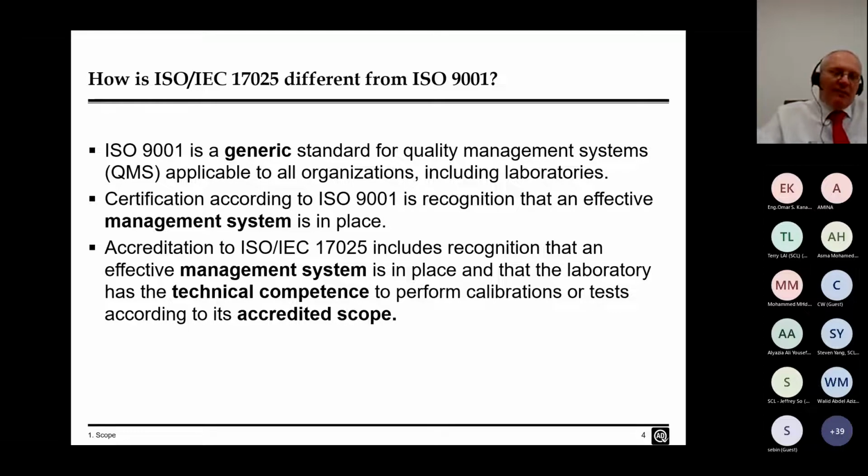Accreditation is the next step up from certification. And an accredited body is one that is allowed to issue certificates. So accreditation to ISO IEC 17025 includes recognition that you have an effective management system in place and that it's followed and that it's monitored, but it also ensures that the laboratory has the technical competence to perform the calibration or tests listed in its accredited scope. And this will be very, very specific, as opposed to 9001, which can be very generic.